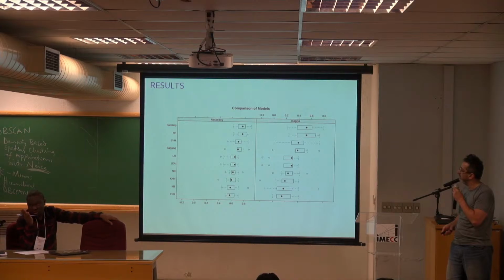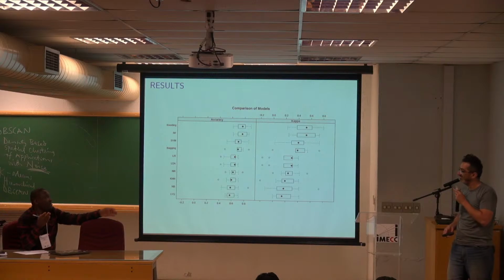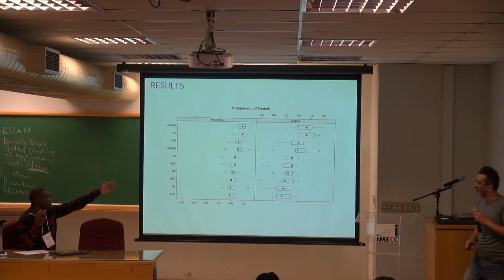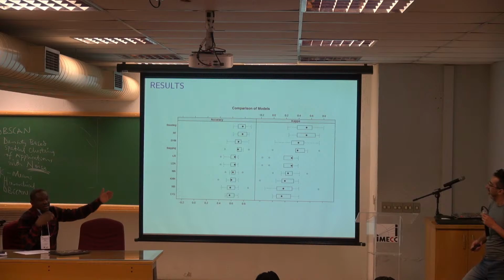So we're waiting for other groups to see what the best model is for them as well. I would be surprised if logistic regression or KNN is better than boosting. That is just a simple explanation.